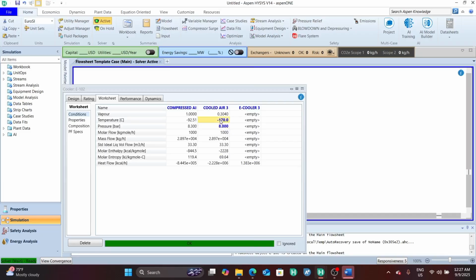Let's try and push it up to like 0.45 and see what that gives us. Negative 180, let's say 165. Alright, doesn't do.